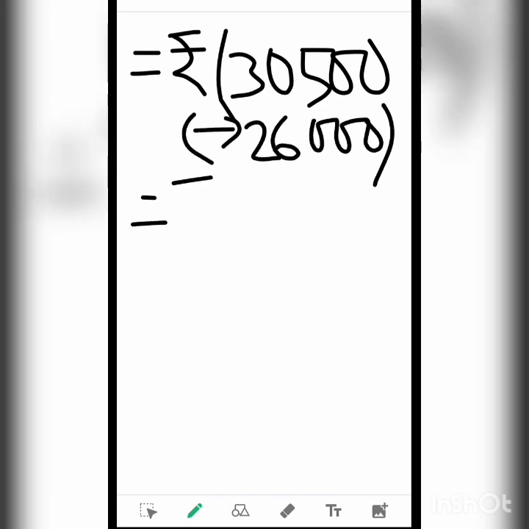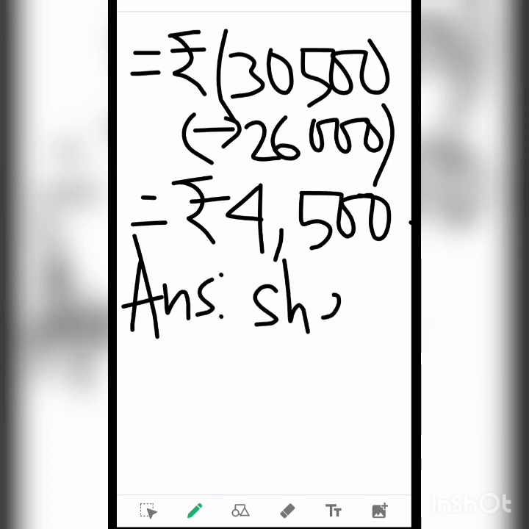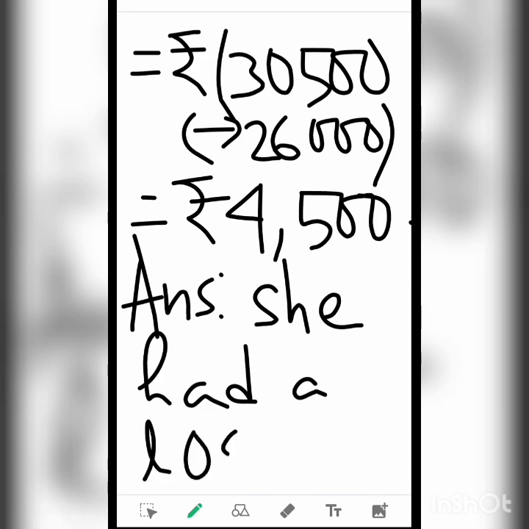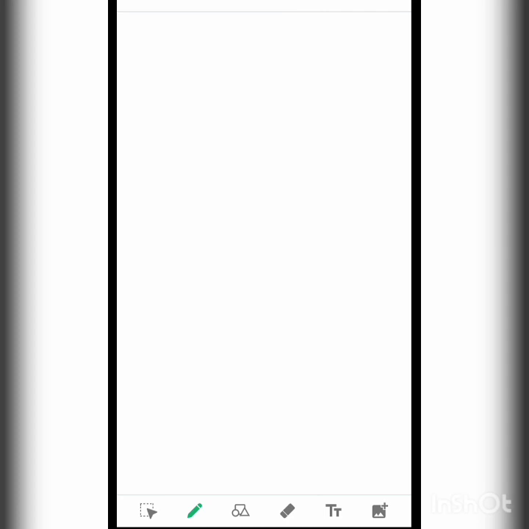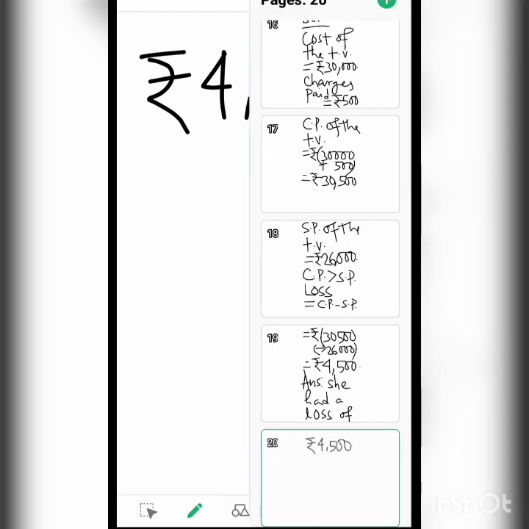So finally we'll get rupees 4,500. This is her loss. In the answer we will write she had a loss of rupees 4,500. So basically you see that she had a loss of rupees 4,500.